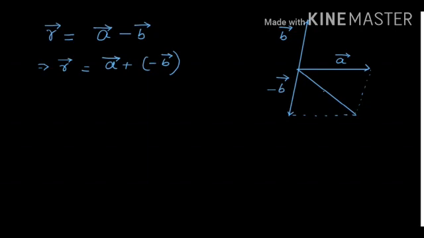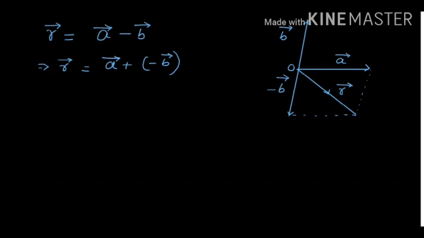That is, now this is the resultant vector R. This particular diagonal gives the resultant. This is how we are going to find vector A and minus vector B.